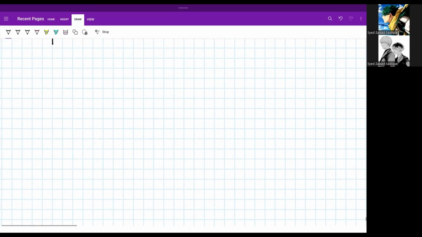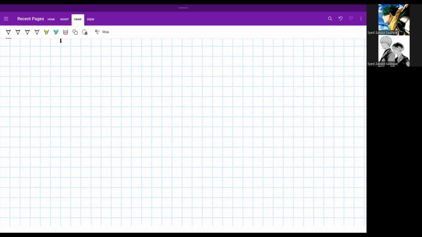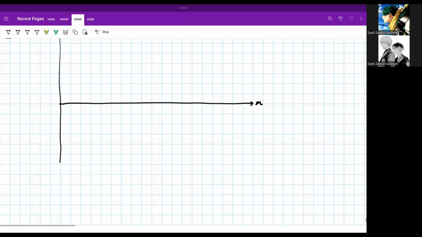Right. So our next graph that we're going to draw is the tan x graph, which looks like this. Now we'll have pi by 2, pi, 3 pi by 2, 2 pi.